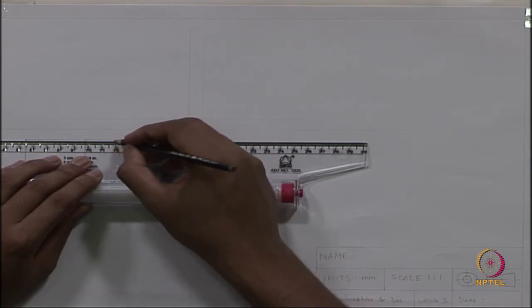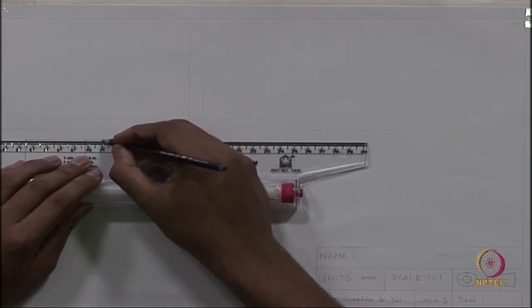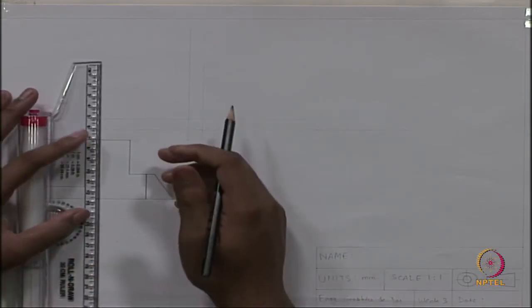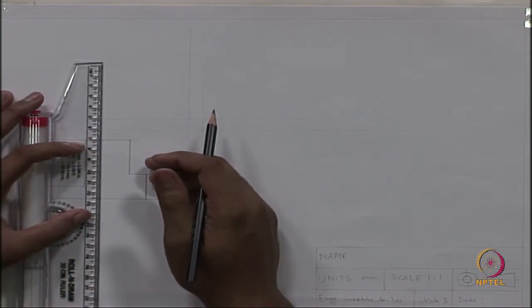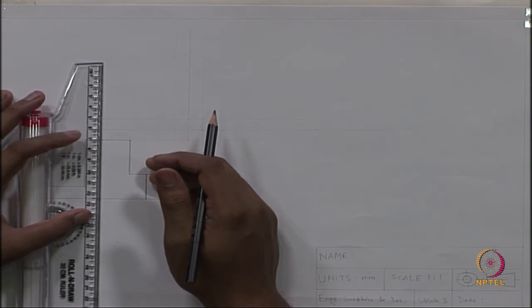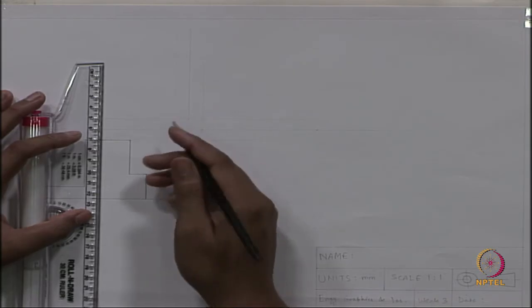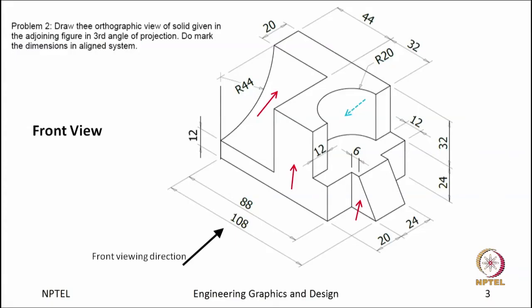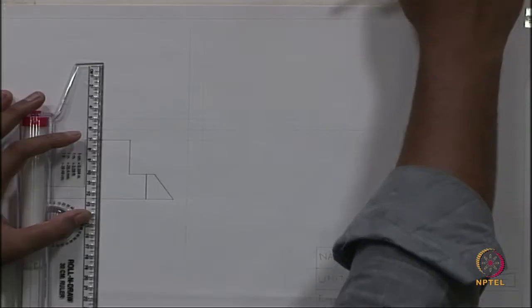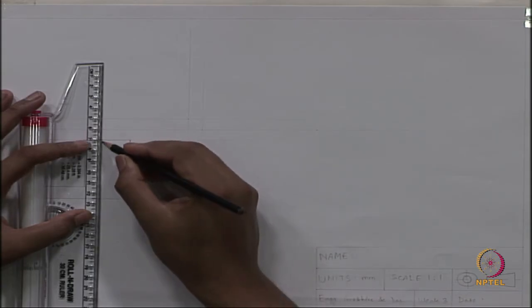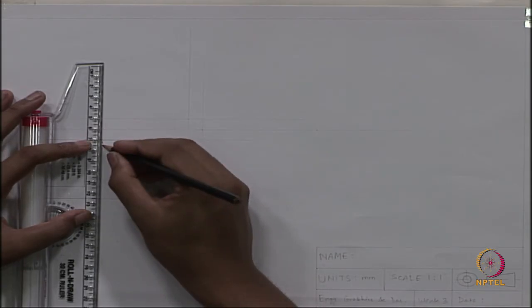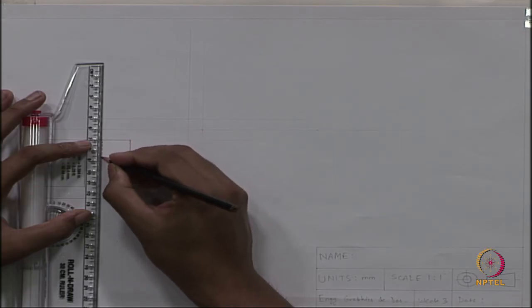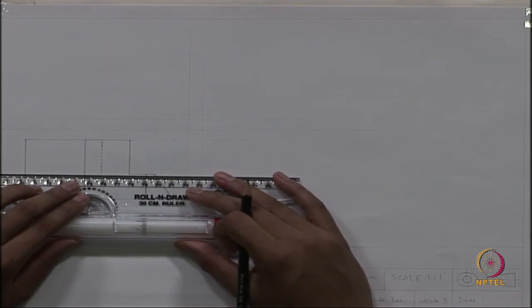From here, 1, 2. From here, you have to come down by a distance of 32, and this we will draw as a hidden feature, that means a dashed line. We will join this, and this will be also a hidden line.